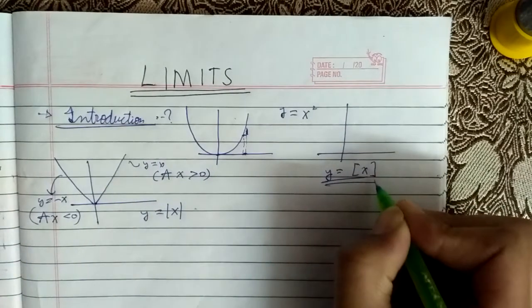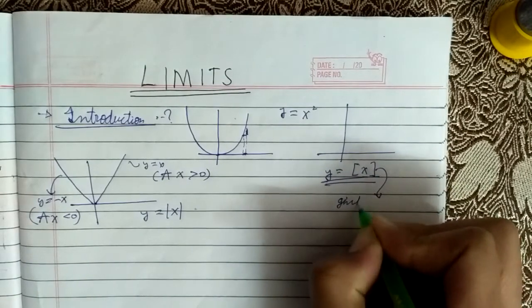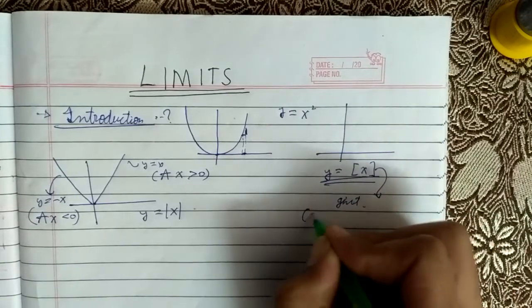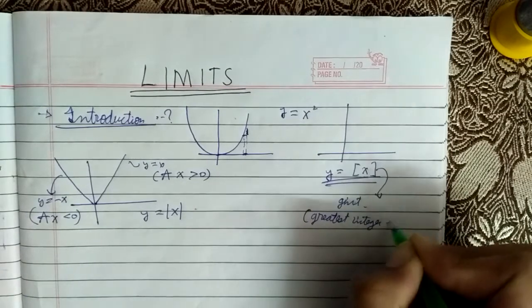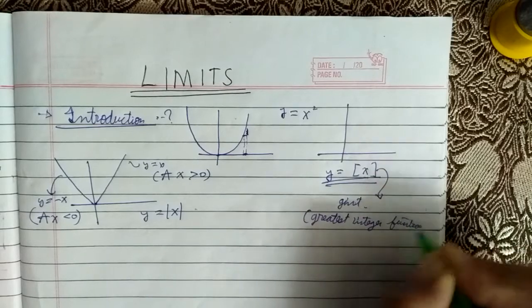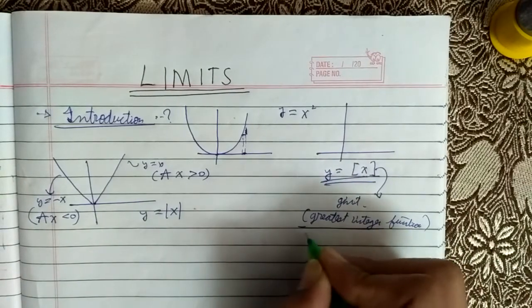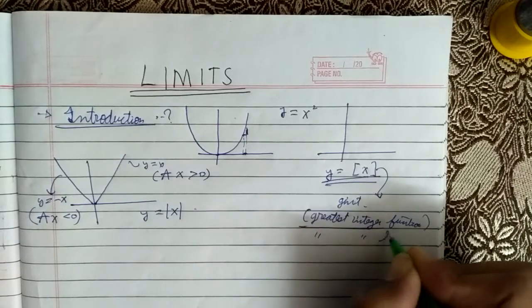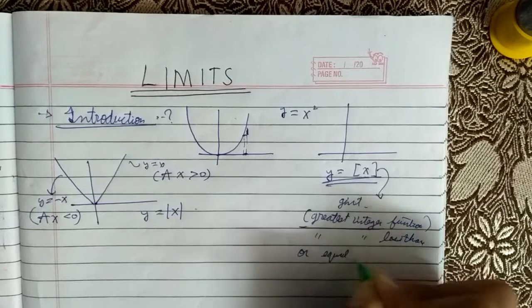And what is the graph of y equal to [x]? This is the greatest integer function, and it represents the greatest integer less than or equal to x.